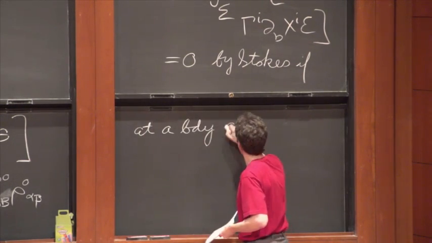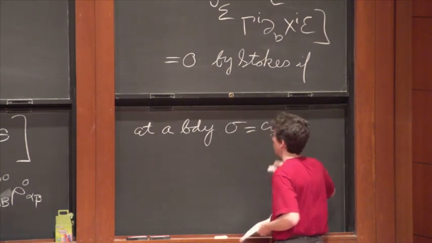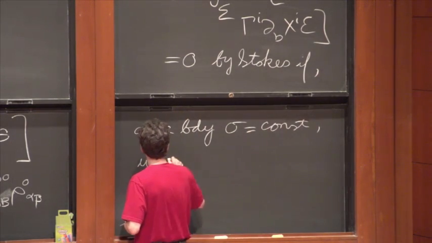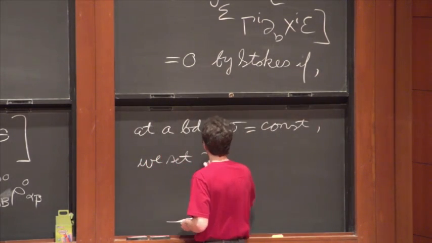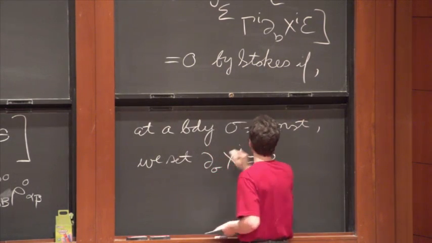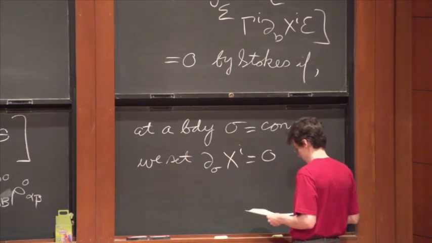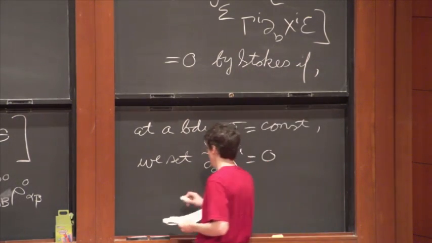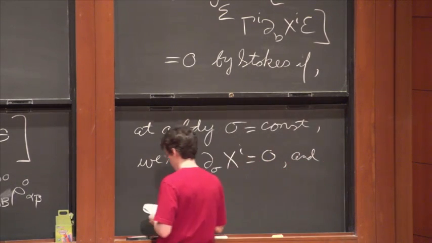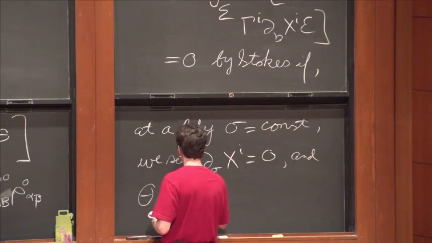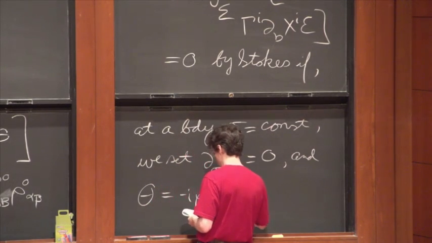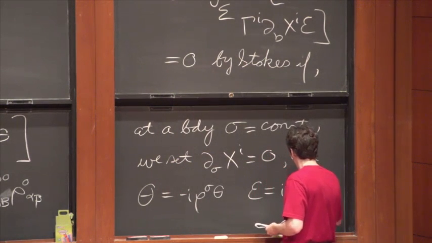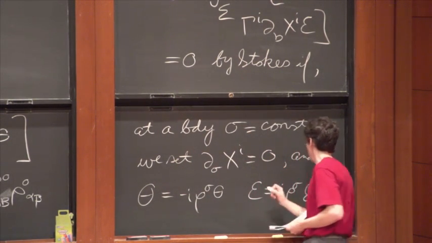So at a boundary where sigma equals constant, we set partial_sigma X equals 0, that is to say Neumann boundary conditions. And we set theta equals minus i rho_sigma theta, and we require epsilon equals i rho_sigma epsilon.